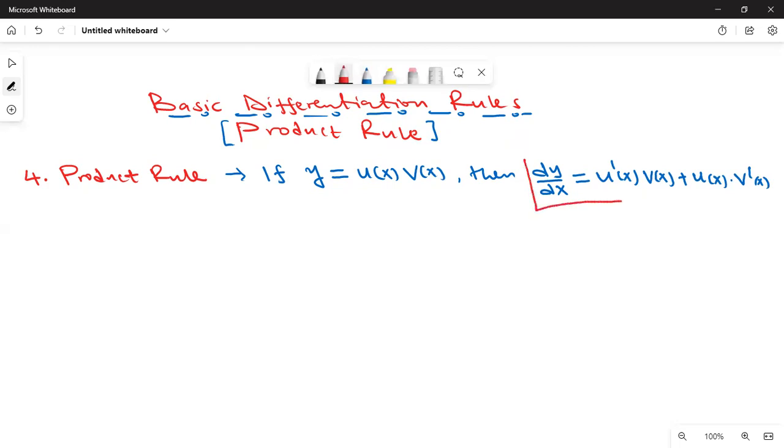So what does it mean? It is applicable when we are differentiating a product of two functions. This is a product of u and v, which are functions of x.